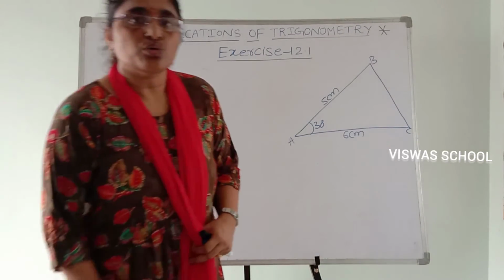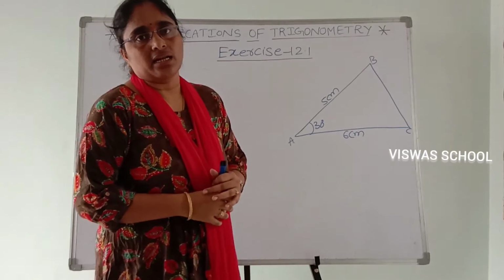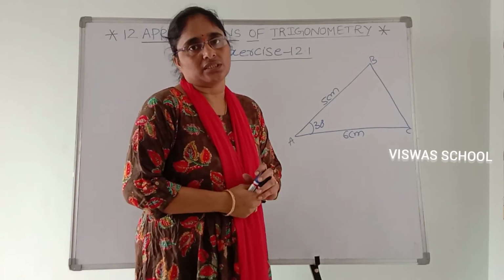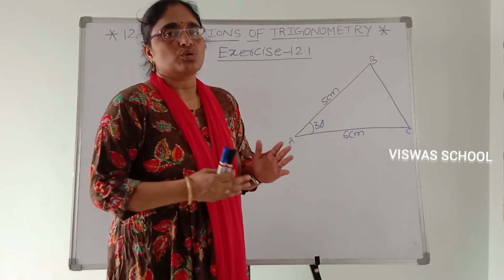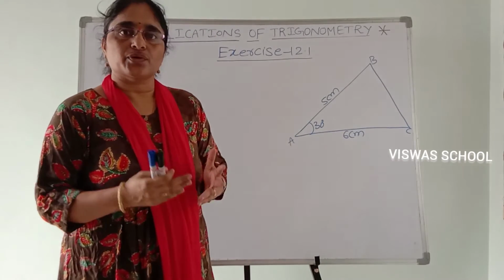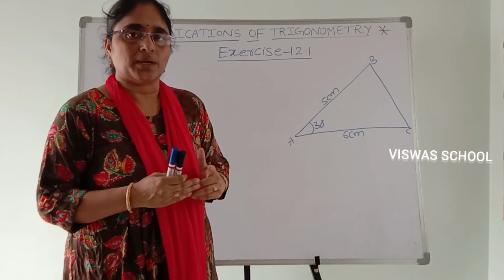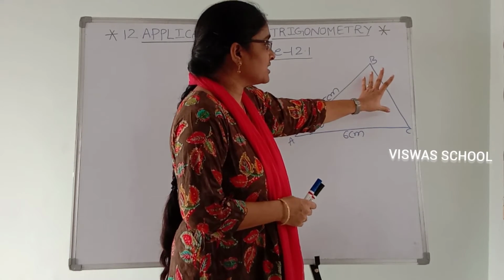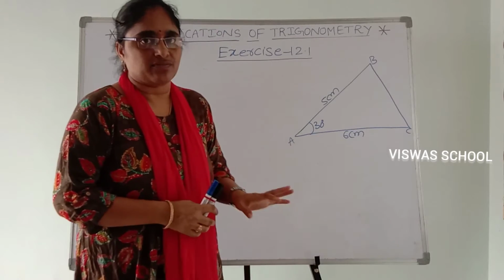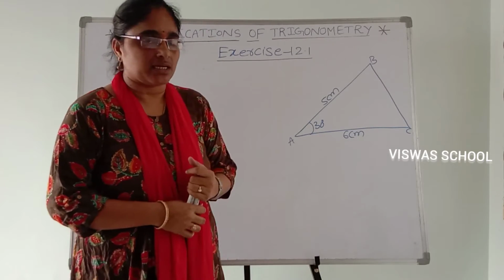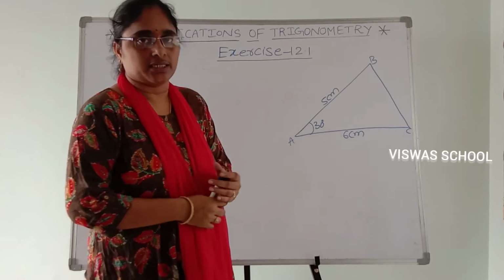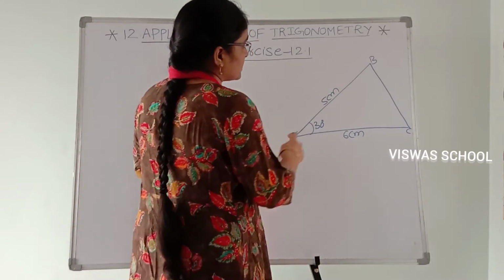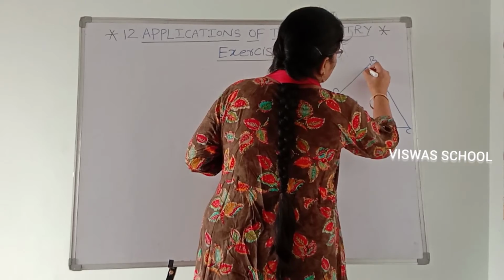To find the area of the triangle, we can use Heron's formula or half into base into height. First we have to find another side, that is BC. To find BC, we have this 30 degrees angle. Here this is the perpendicular, and this is 90 degrees.